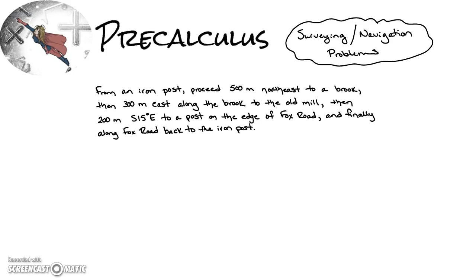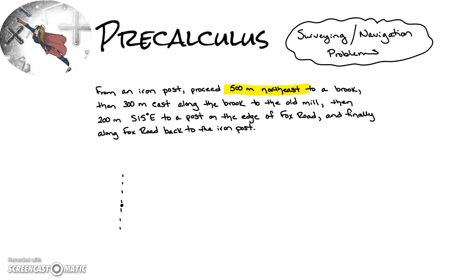So we have a starting point. I'll put it right about here. Now it says, from an iron post, which is what we'll call that, proceed 500 meters northeast. So what we're going to do, I usually draw in these tiny little north-south lines, any place where you're starting or changing direction.